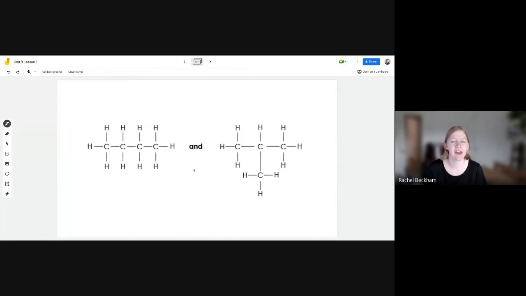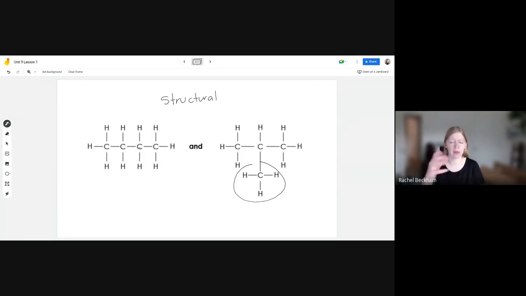So let's identify, is this a structural isomer or a cis-trans isomer? Structural isomers mean that they're just arranged differently. Cis-trans means that you've got one like maybe on the bottom together and then it flips up to the top. So this is going to be a structural isomer, because as you can see, this is in a completely different spot, but it's not cis-trans.